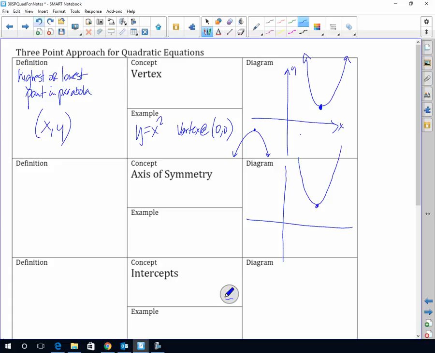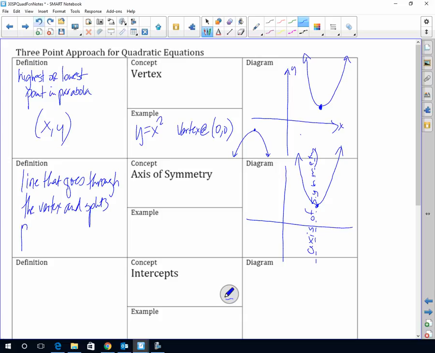It's the line that goes through the vertex and splits the parabola into two equal parts. Something like that.